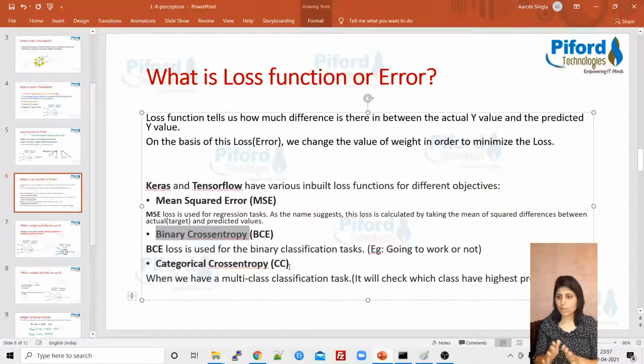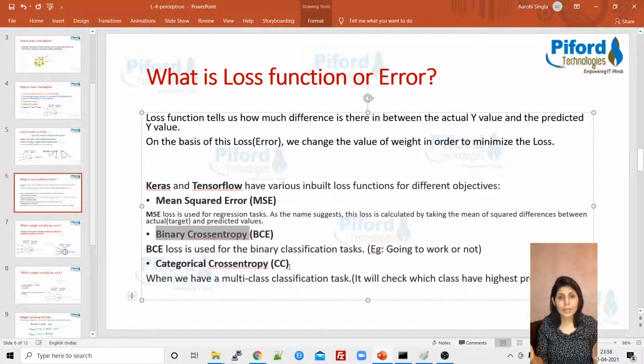The loss function tells us how much our actual output and the predicted output vary, and our goal is to reduce the difference between the actual output and the predicted output. And how can we reduce that difference?